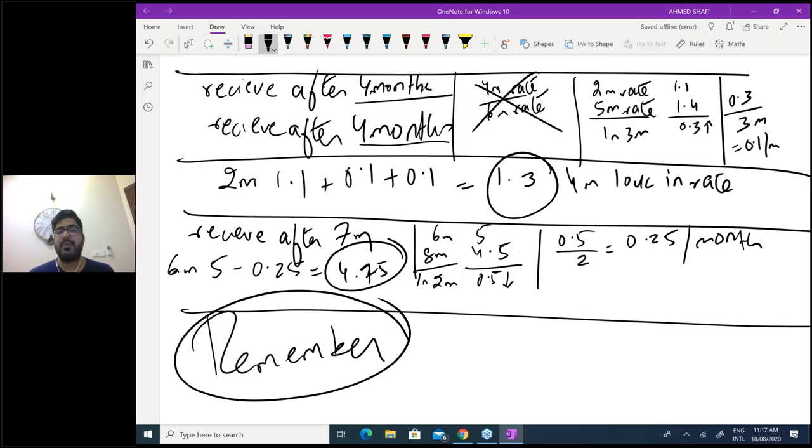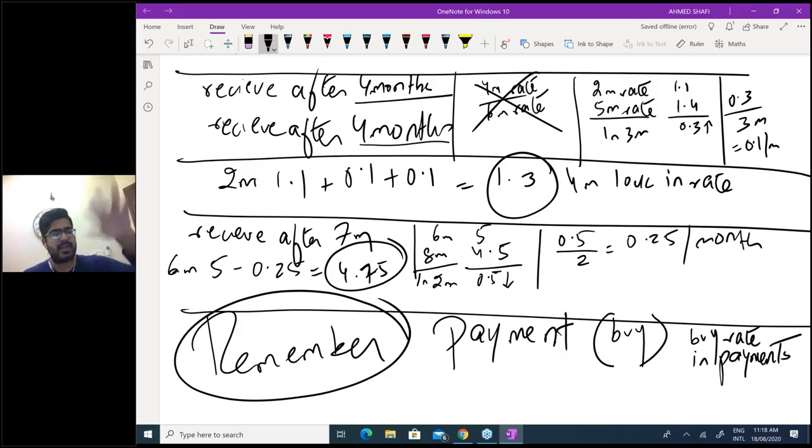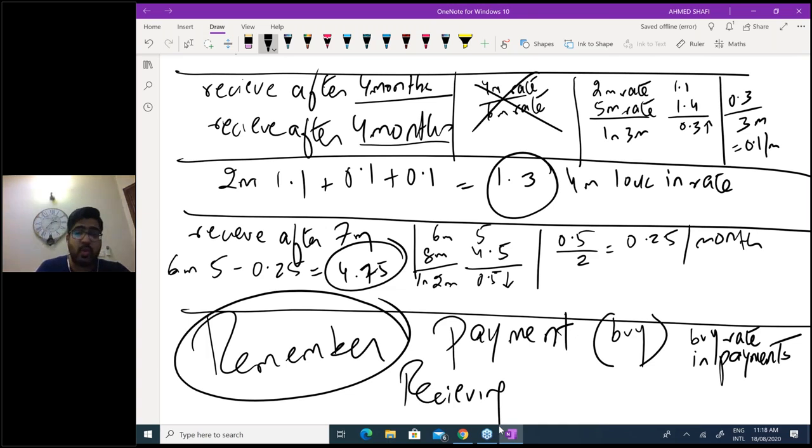So you need to remember a principle which is quite logical. When you are paying someone, when you have to pay $1,000, you need to buy currency from the money changer. So you always use the buy rate in payments and apply the averaging, whatever we have to do. But when you are receiving $1,000 from someone, you go to the money changer and sell it.